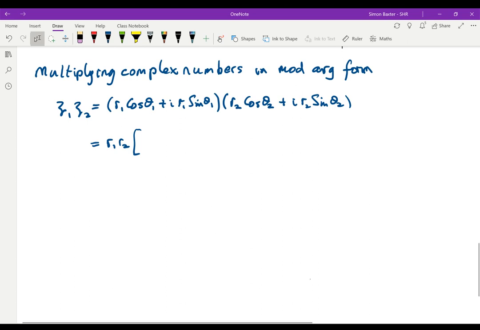Then we're left with, if we look at multiplying this out, we will get cos theta 1 cos theta 2. And then the other part of the real bit here is that if we have the last two, we get i times i is i squared, that's minus sine theta 1 sine theta 2.